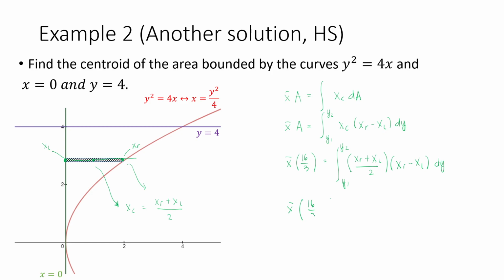So 16 over 3 and then this one is now. So again, the purpose of me also trying to place it individually is so that you can also see it when you try to review the recording. So x right is the red graph, that would be y squared over 4 and then plus 0. So I'll try to write 0 lang yapon so that again you can try to track it down if you try to review this recording.